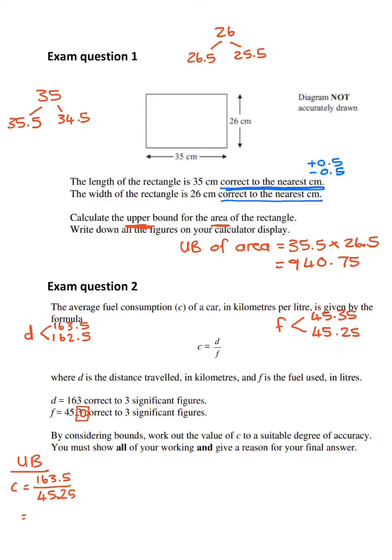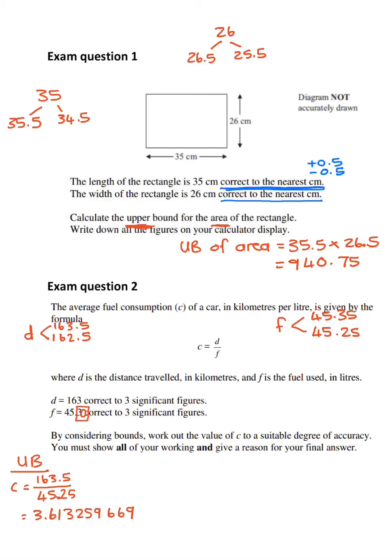So if I divide this, I get 3.61325969. So that's the maximum that my C value could be.